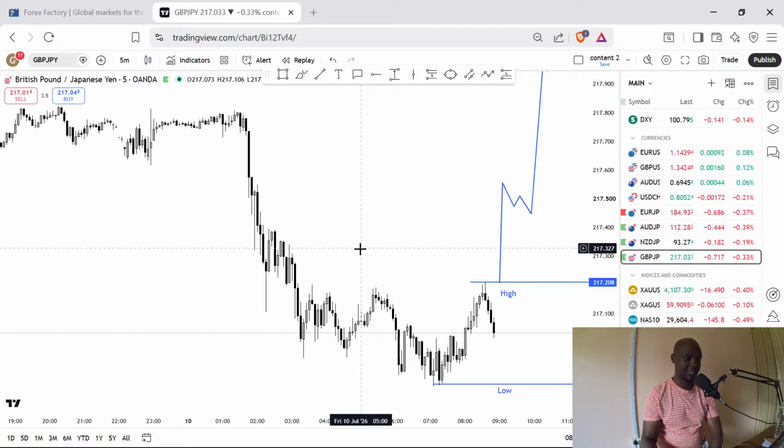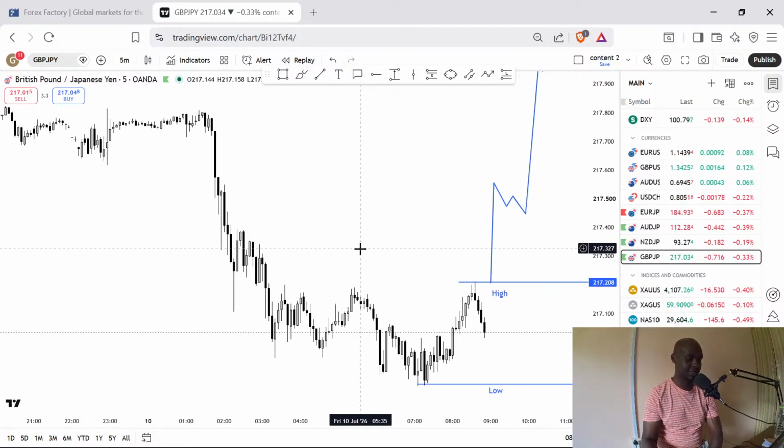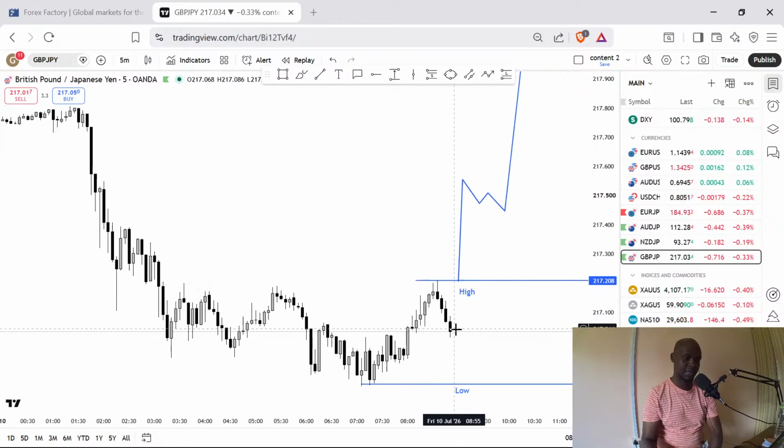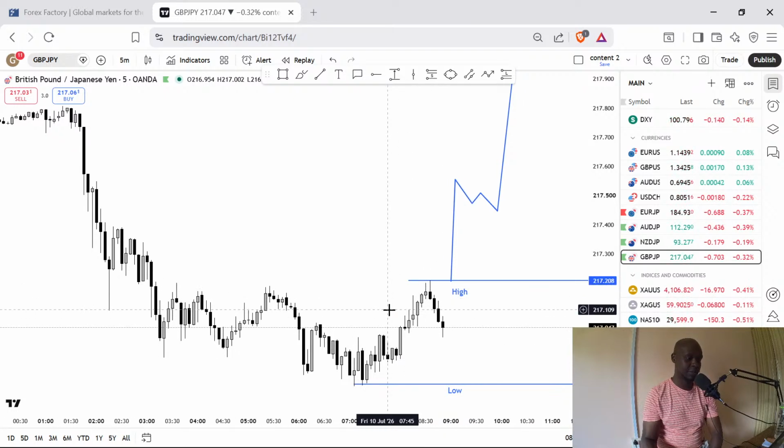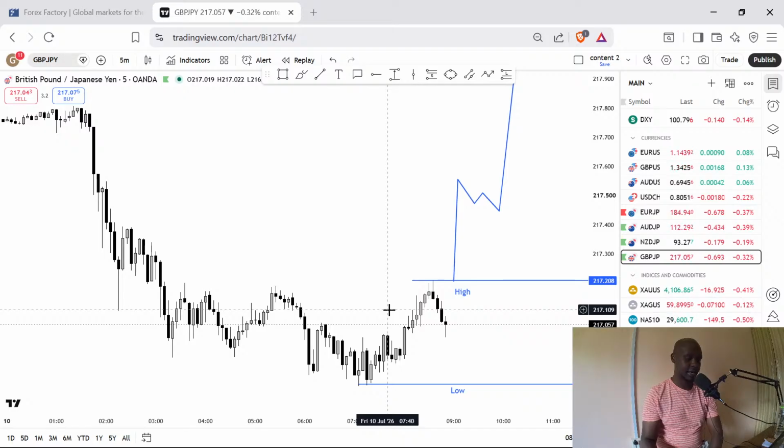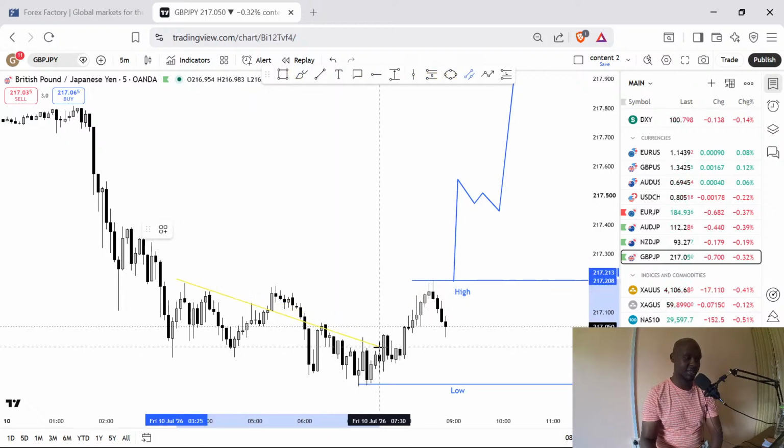I was looking for longs on the yen at the start of the London session with this push to the upside, but we did not get the strong momentum that I was looking for. So you still have to be patient to see how we are going to get out of this market that's now looking like a range, because initially this was sort of a descending nature.